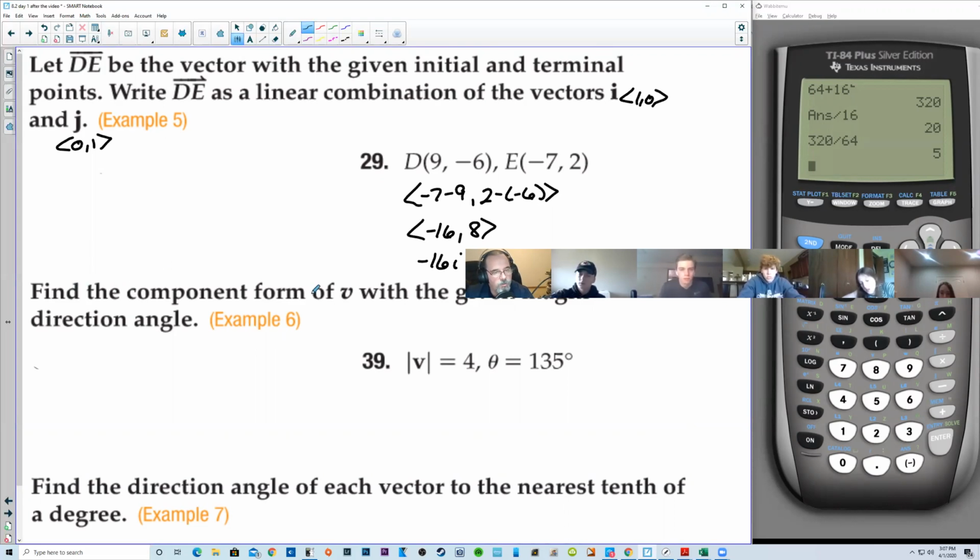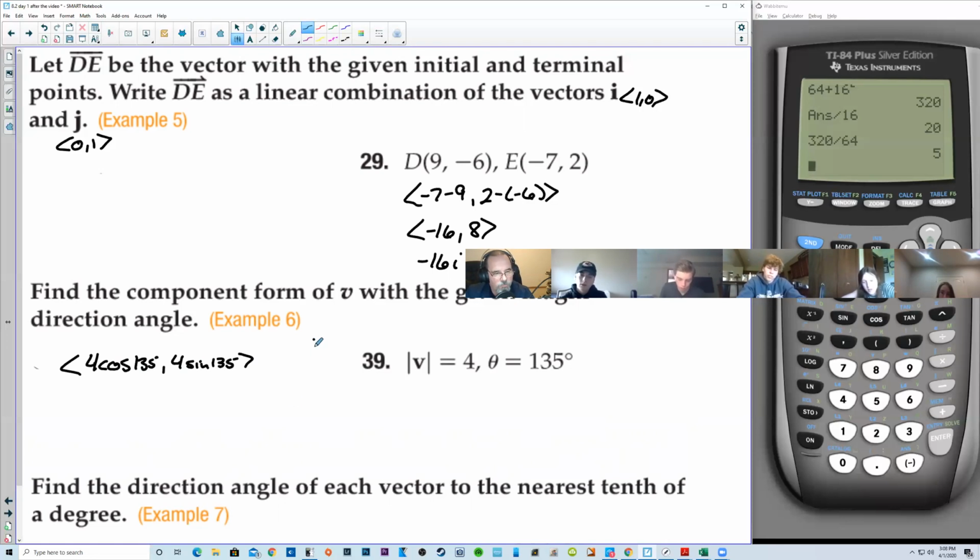So find the component form of v with the given magnitude and direction angle. So this is 4 cosine of 135 and 4 sine of 135.